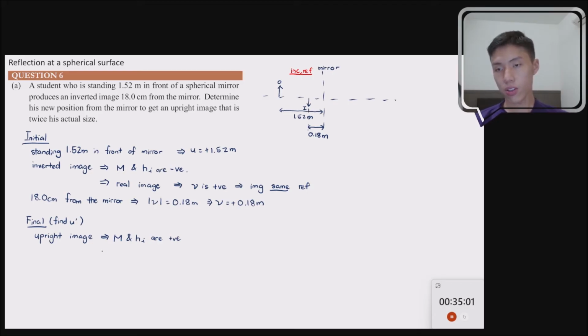Okay, then because it's upright, it must be paired with virtual, right? Virtual pairs with upright, real pairs with inverted. So if it's a virtual image, you know that V is negative, and you know that the image should be on the opposite side of the reflected ray. Then they say twice its actual size.